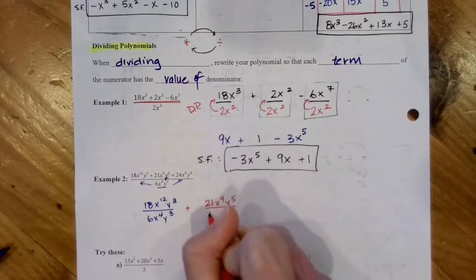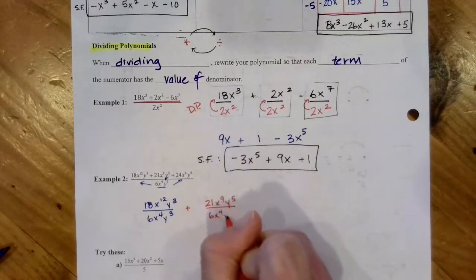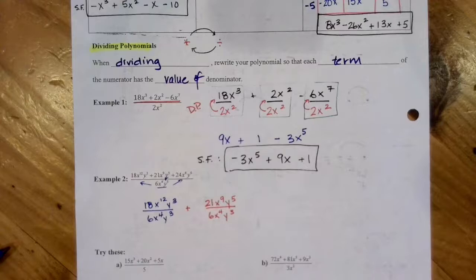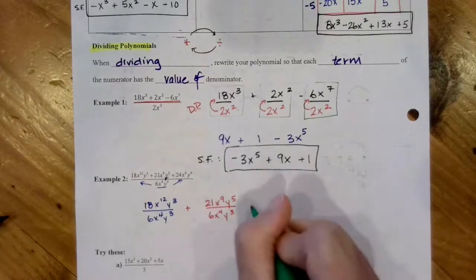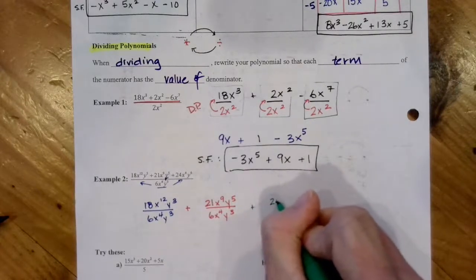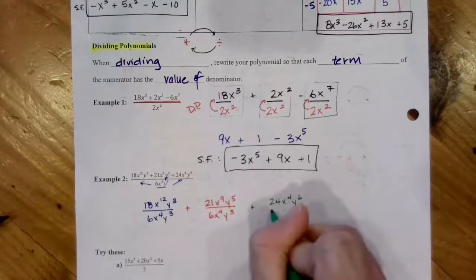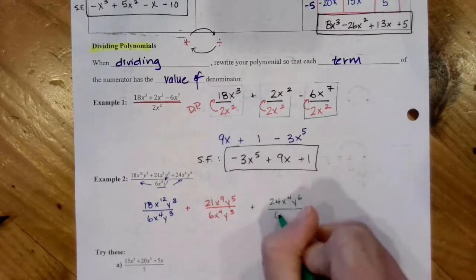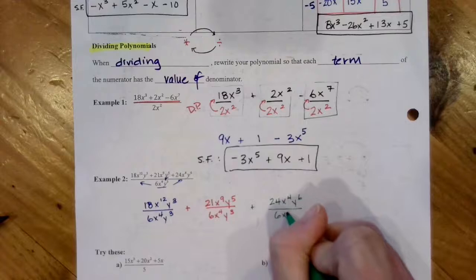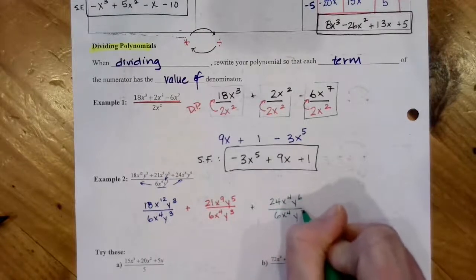Guess what? That 6x to the 4th, y to the 3rd is dividing that term too. Next I have my 24x to the 4th, y to the 6th. And that's also being divided by 6x to the 4th, y to the 3rd.